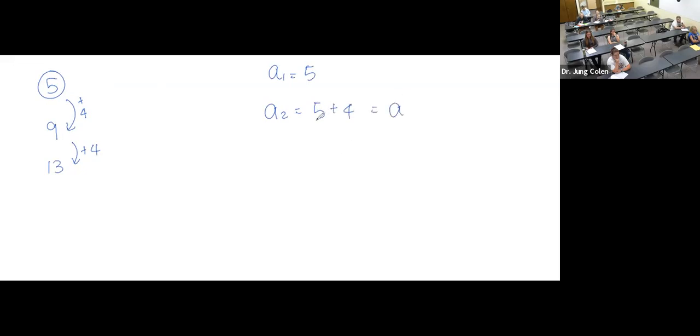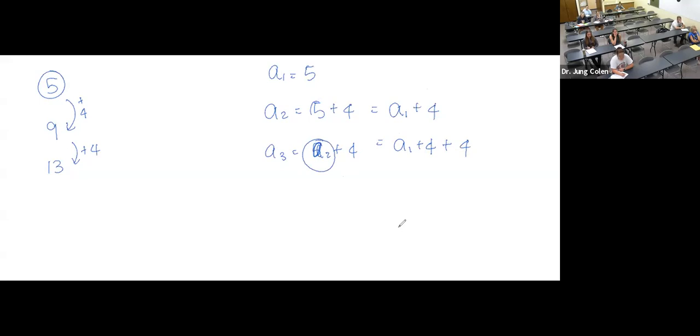So that means a sub 2 is a sub 1, the first term, plus 4. Can I write it this way? In the third term, I added 4 to a sub 2, the second term. But what is the second term? The second term is a sub 1 plus 4, isn't it? So can I substitute a sub 2 as a sub 1 plus 4? Can I do that? So I'm adding 4 to that.